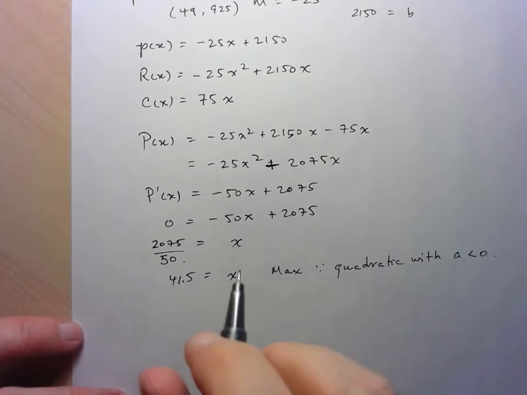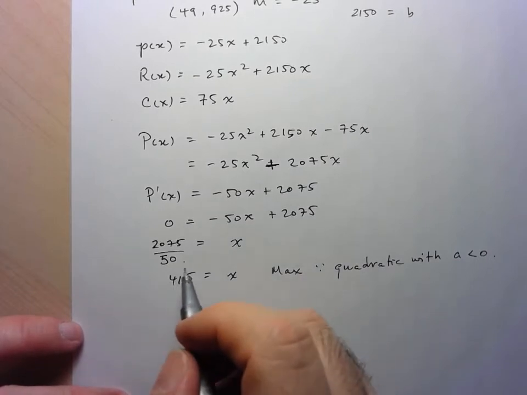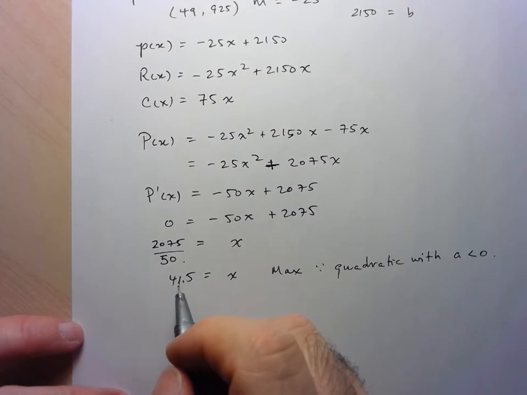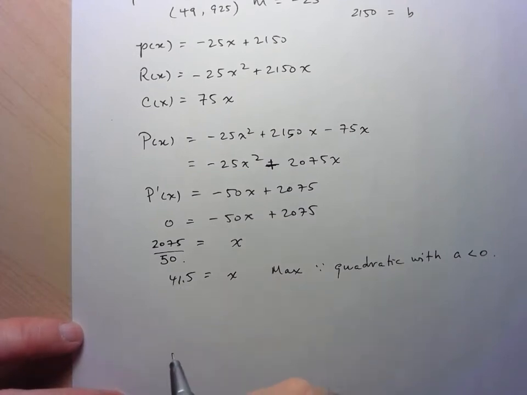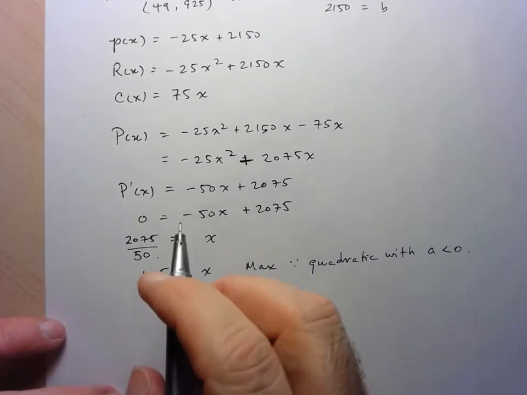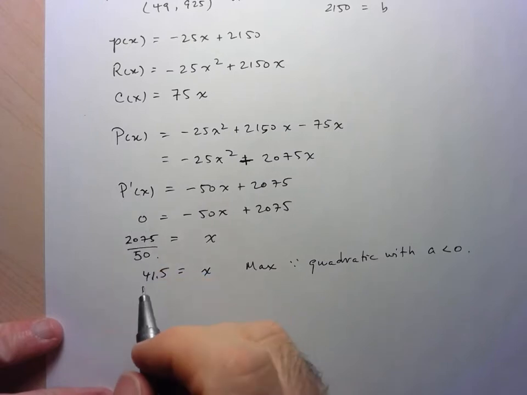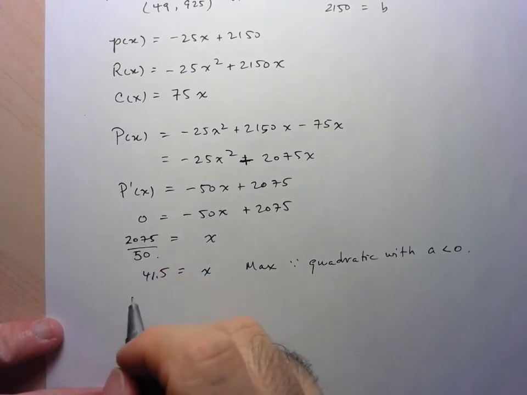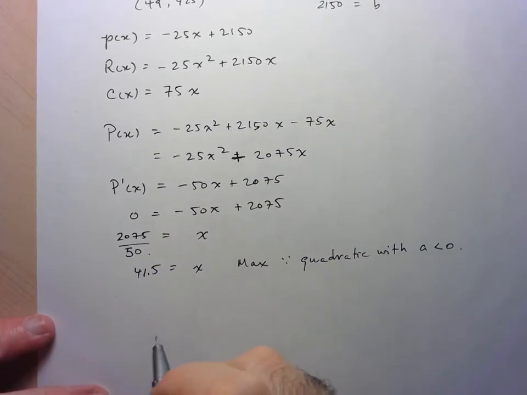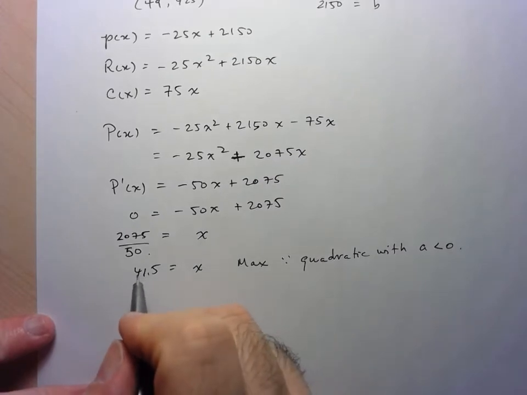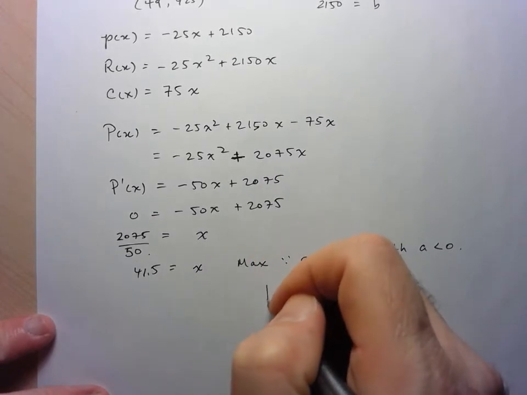This is where we have to be careful though, because remember x represented the number of apartments. So it doesn't make sense to be renting out 41.5 apartments. There are two things that you can do. You can either check the profit at 41 and 42 and see which one of those is larger, or you can realize that 41.5 is exactly in between 41 and 42.